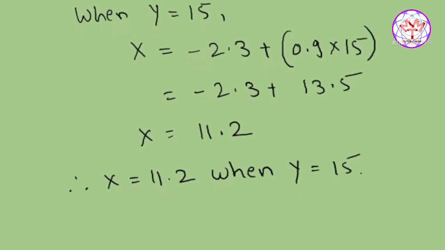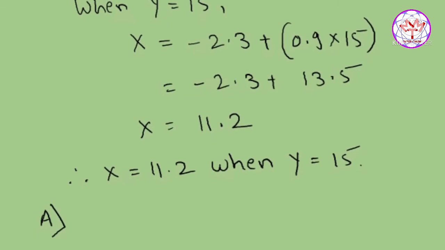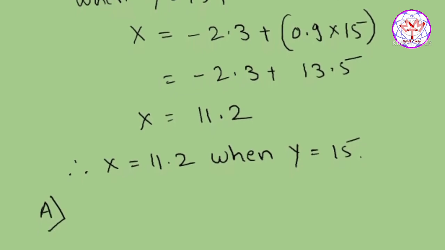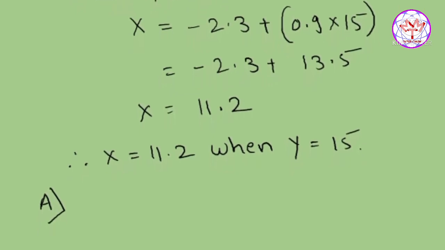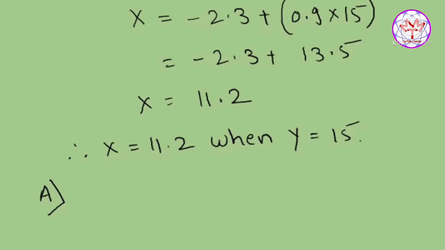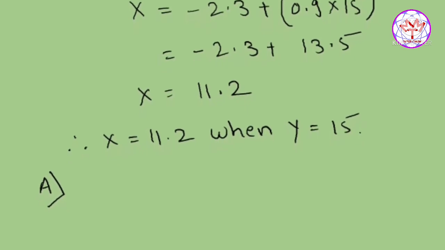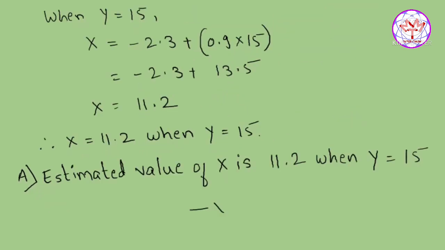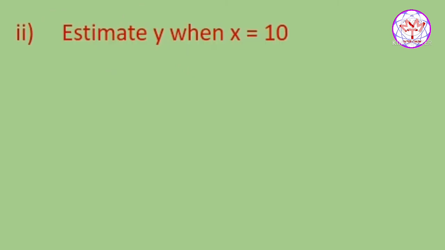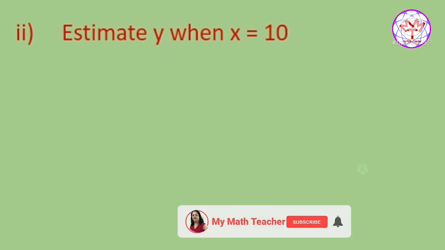So let us write the final answer. Estimated value of x is 11.2 when y is equal to 15. So this completes our first sub question. Let's solve the second one. In the second sub question, we have to estimate y when x is equal to 10.